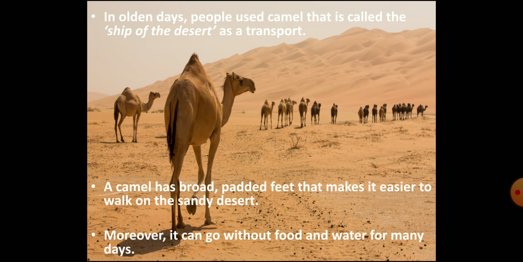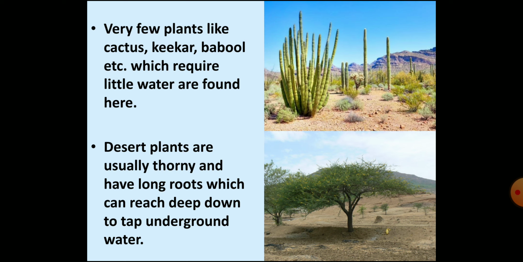Nowadays, jeeps are also used in cities as a means of transport. Now, as we know that there is very little or no rainfall in the Thar Desert, there's great scarcity or shortage of water. And due to this water shortage, very few plants grow here.